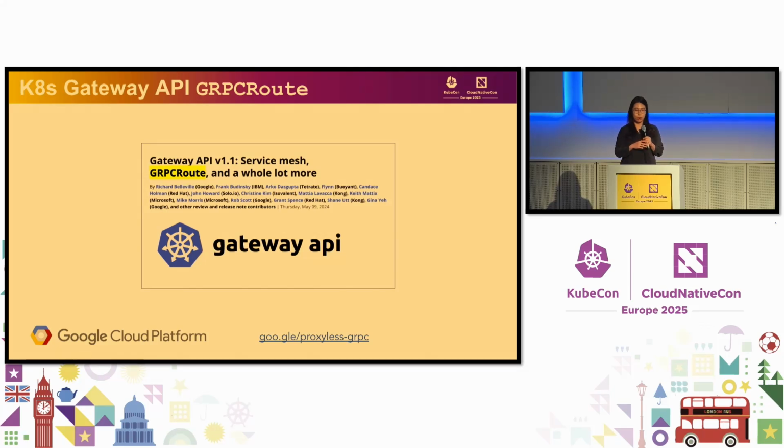With gRPCRoute, you can leverage criteria such as service methods and headers to match incoming requests and route them accordingly. This fine-grained control enables advanced traffic management strategies like canary deployments, A/B testing, and traffic splitting of your gRPC services.